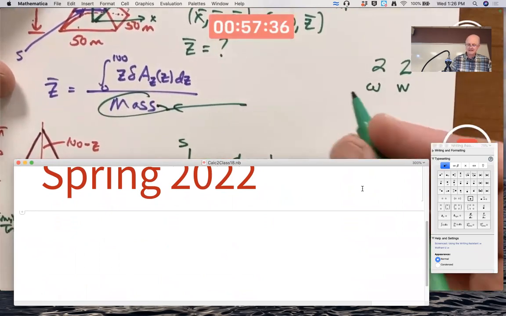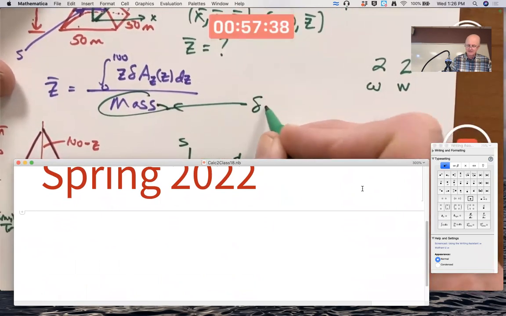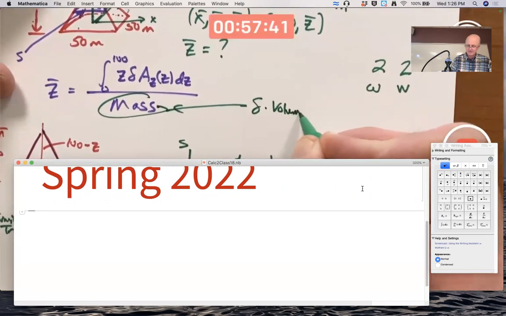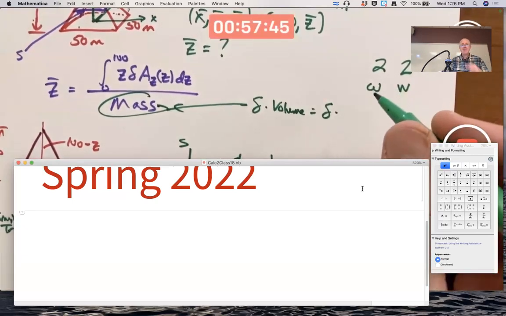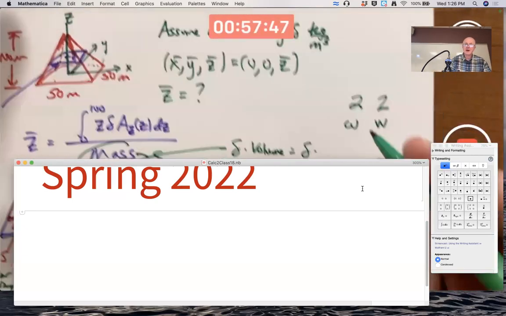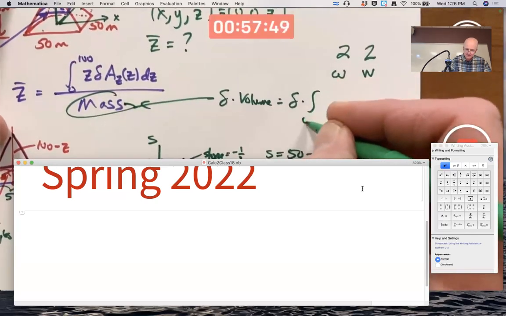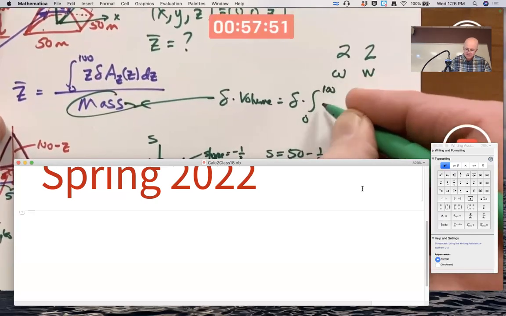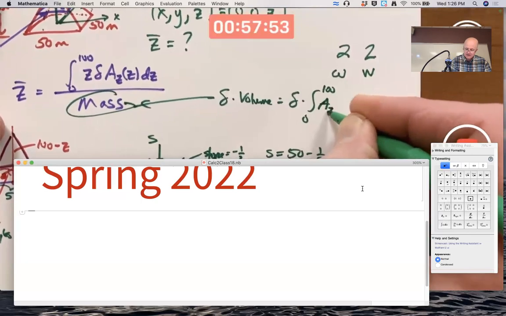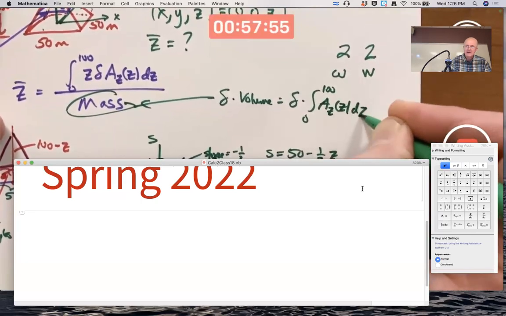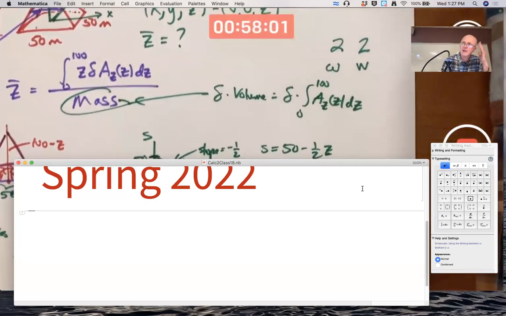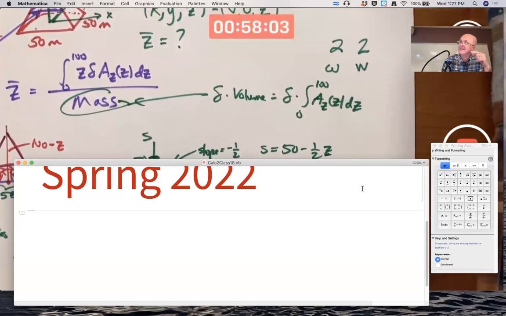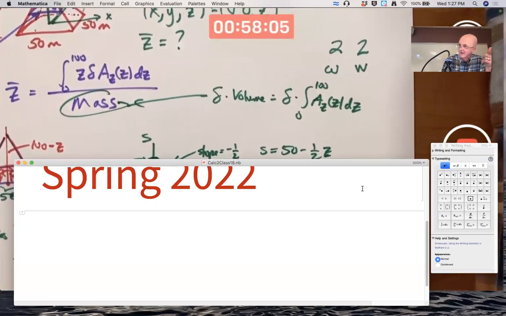The density is constant, so the mass is going to be the density times the volume. But I got to do an integral for the volume. Hey, but we've done this kind of integral before. Just integrate the cross-sectional area function. That'll be the integral for the mass. And then I've got to multiply by delta. Although I'm not specifying delta, and that's going to mean it won't matter. It'll cancel.